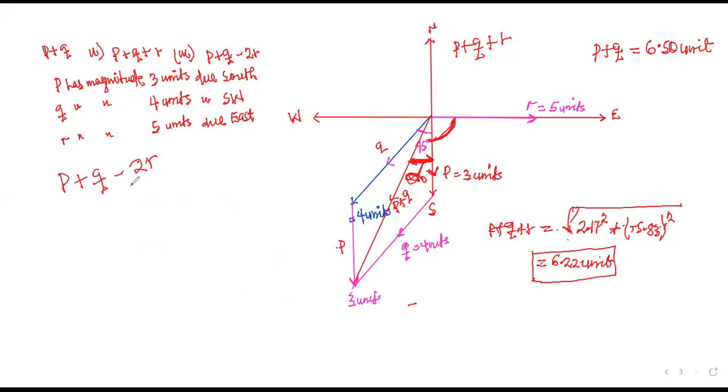Don't forget, it's just a number multiplying R. Then after that, you subtract the component of 2R from P plus Q. That's all. So I'm waiting for your trial before I come in.